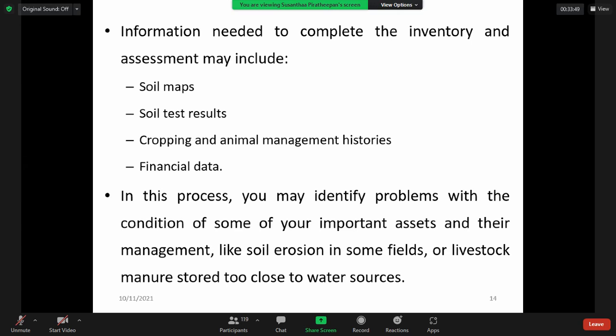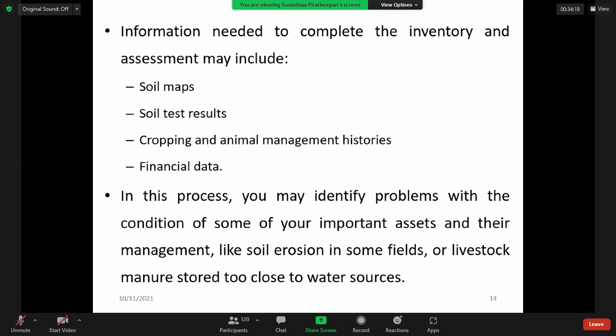The next one is the cropping and animal management histories, so by using this information we can ensure the cropping calendar and the animal management practices. And the fourth one, financial data: the investment or the market data, we can access to complete the inventory and assessment.